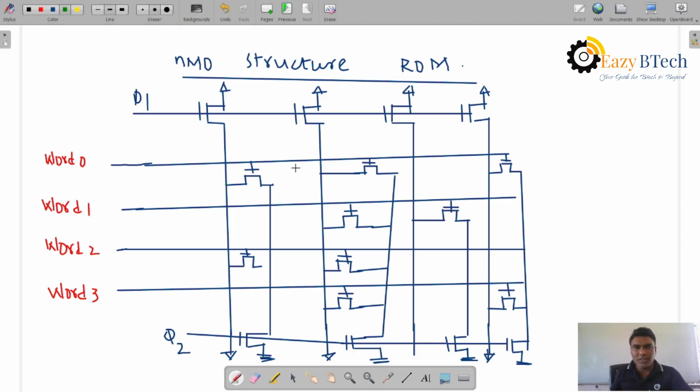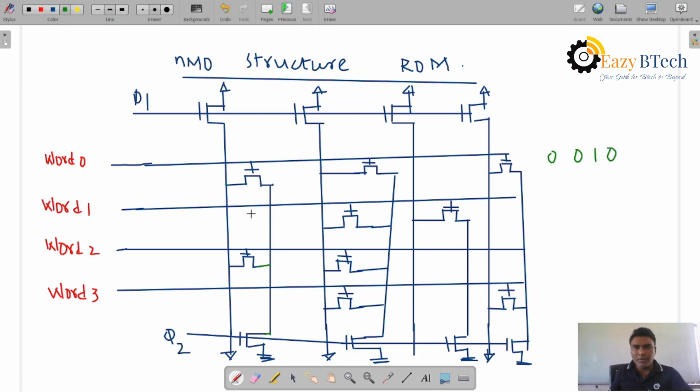VDD passes through the transistor through drain and source, then it is connected to the ground potential. So it stores 0. For word line 0 the data is 0, 0, 1, 0.